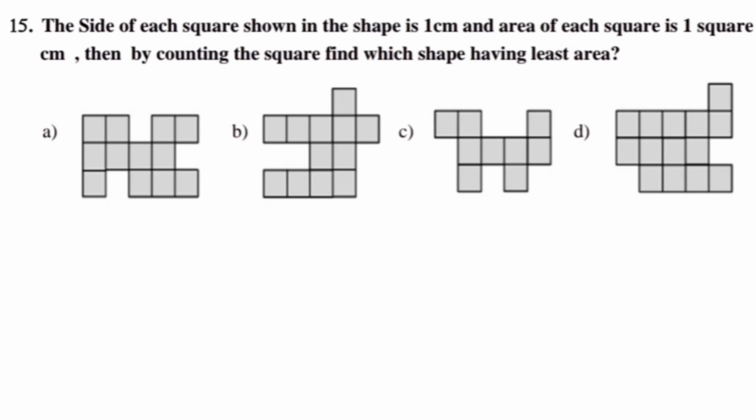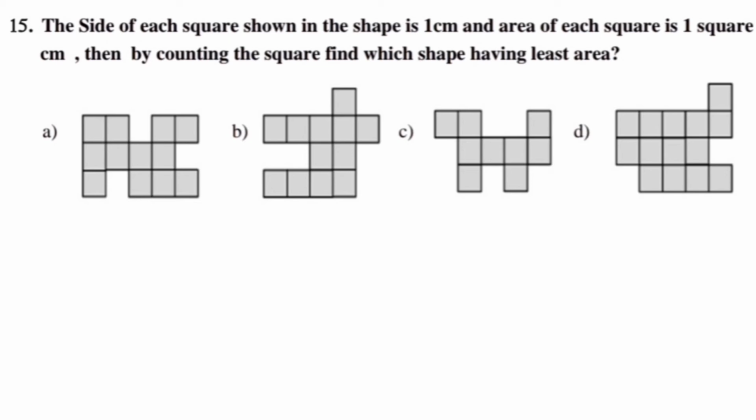Dear students, the question is: the side of each square shown in the shape is 1 centimeter and area of each square is 1 square centimeter. Then by counting the squares, find which shape has least area. Dear students, look at option A here. In option A, let's count how many squares are there.